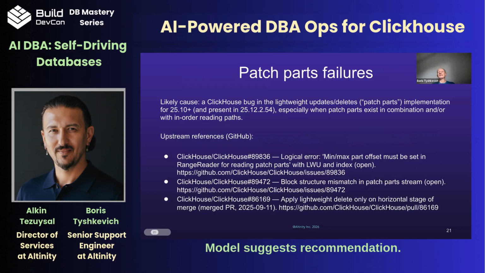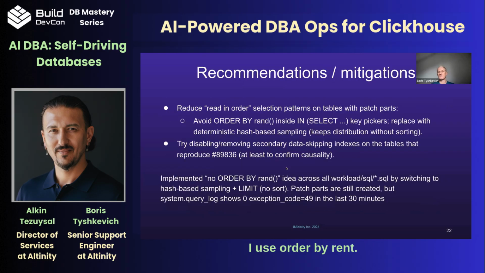Also, the model suggests a recommendation. In my queries, I use order by rand. It's quite unusual, but it's a test workload, and it was convenient for creating a test workload.